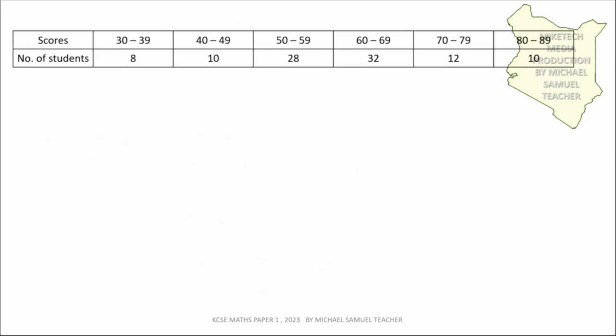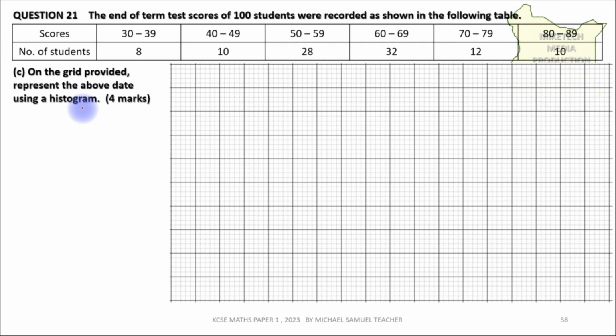Then we move on to part C. On the grid provided, represent the above data using a histogram.